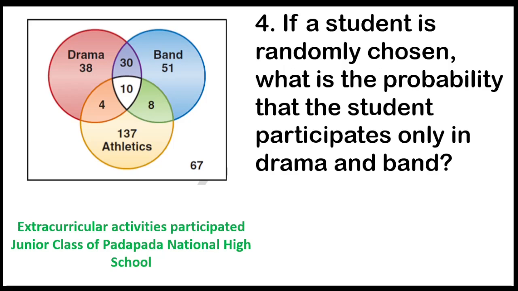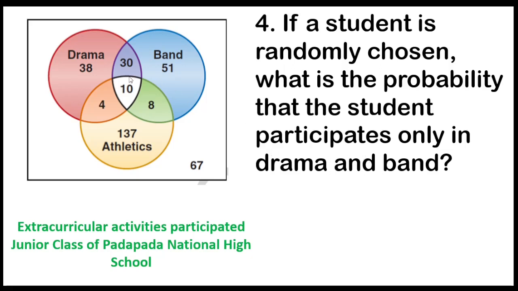Fourth question, if a student is randomly chosen, what is the probability that the student participates only in drama and band? Now, take note of the word only. So, ibig sabihin, using the Venn diagram, hanapin mo lang yung bilang ng estudyante na kung saan ang sinalihan lang niya ay drama at band. Okay? Ulitin natin, probability ng estudyante na sumali lamang sa drama at band. Okay? Take note of the symbol ∩. ∩ means intersection.